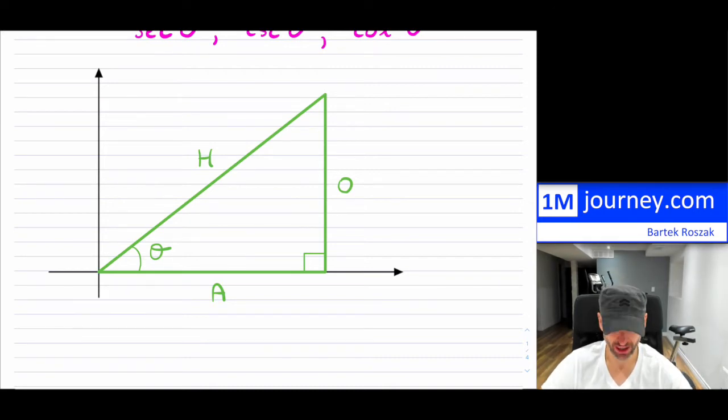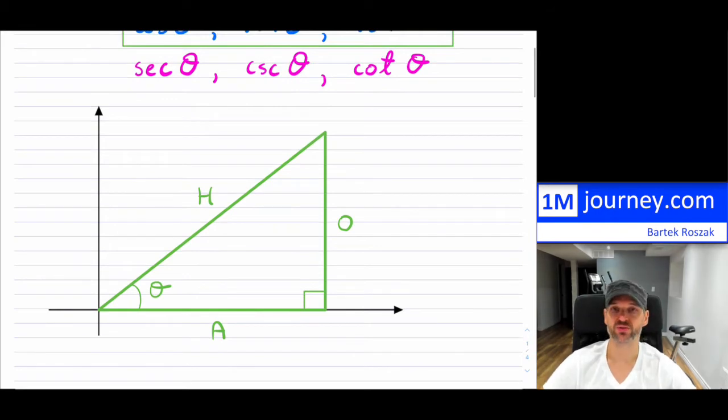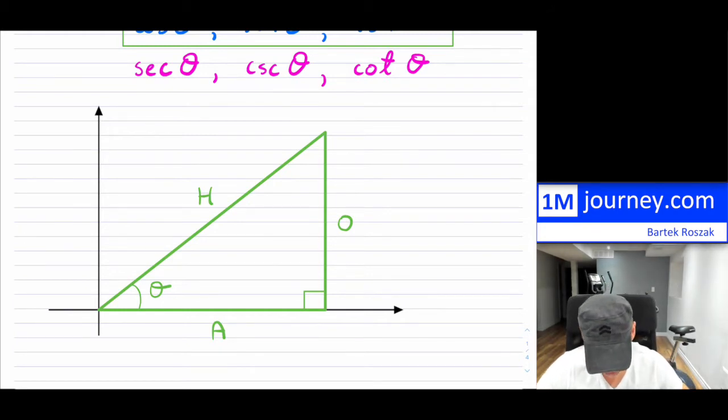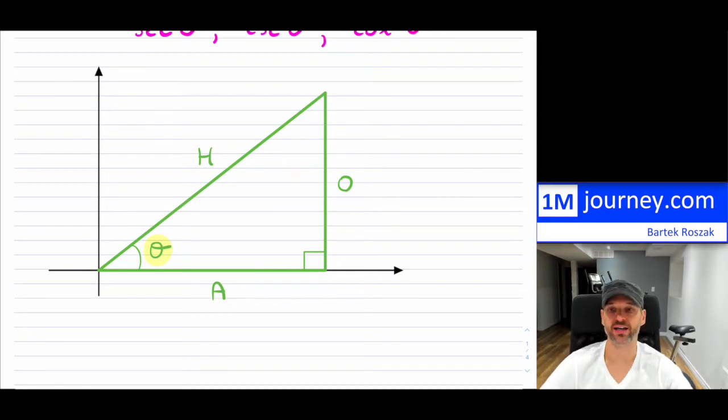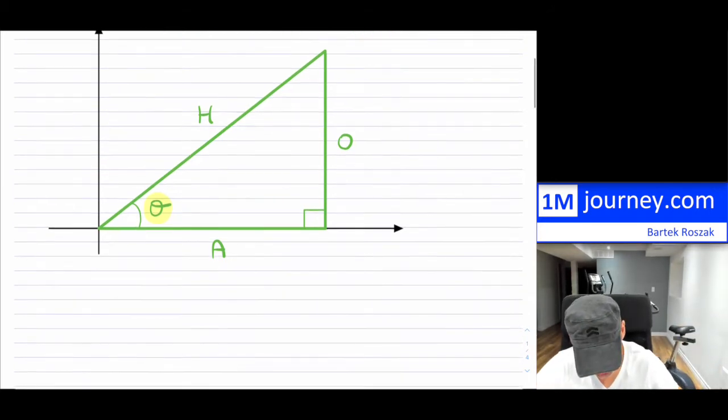And now, these ones which are in pink, which you see there, stand for secant, cosecant, and cotangent. So let's start again at the beginning. If you have an angle right here, and you wanted to define this angle with respect to some ratios, with sine, cosine, and tangent, then this is how we have defined them.